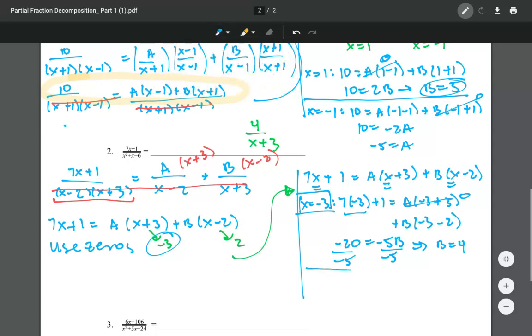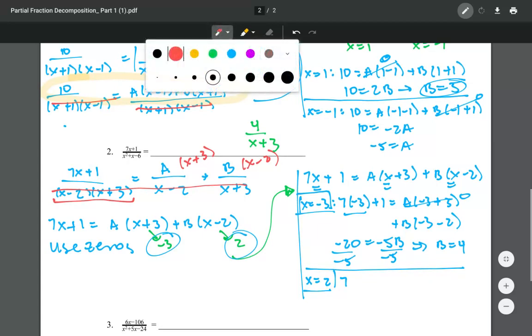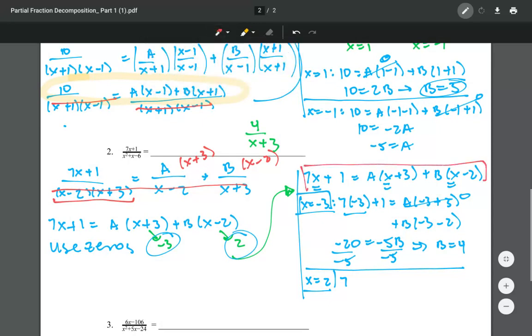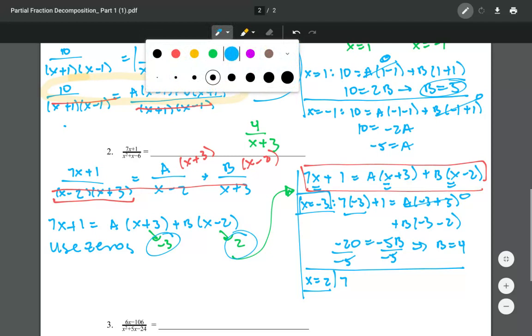I've got one more to zero out, and that's using my second one, x equals 2. Back to my numerator equation. Always going back here. I'm going to plug in 2.